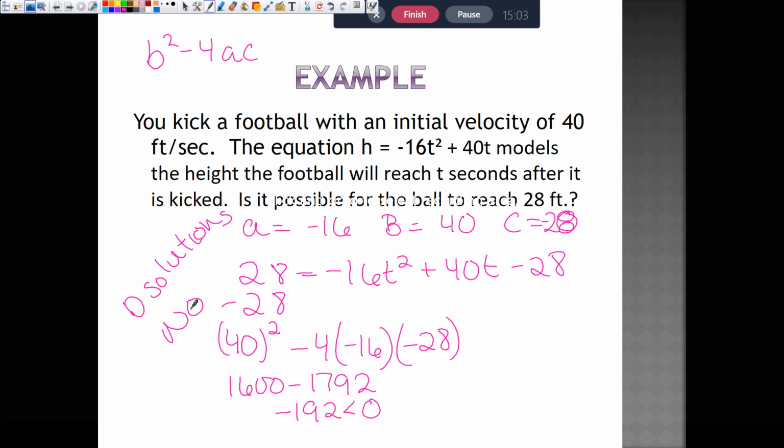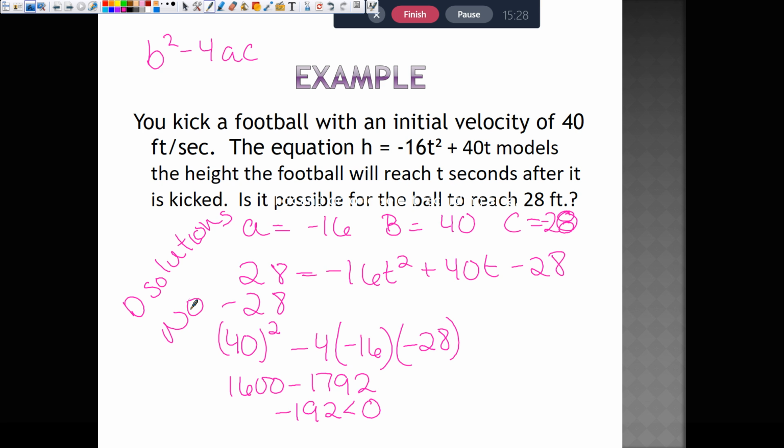Because if it was at 0, then it would just reach. If it said past 28 feet, then it would have to be greater than 0. But anything under 0 is not good. It means no solutions. Okay?